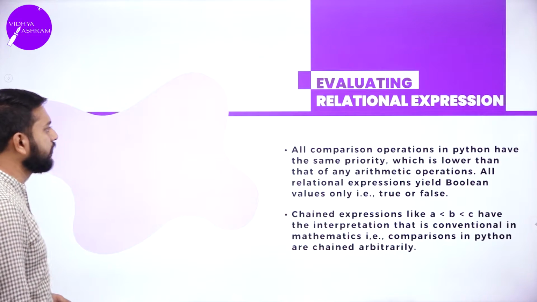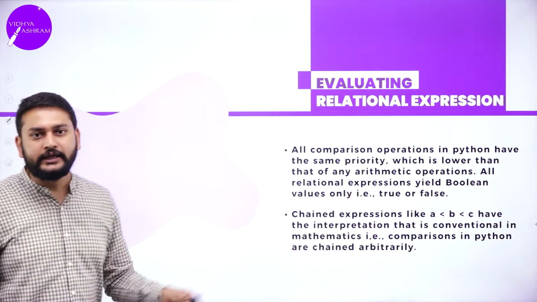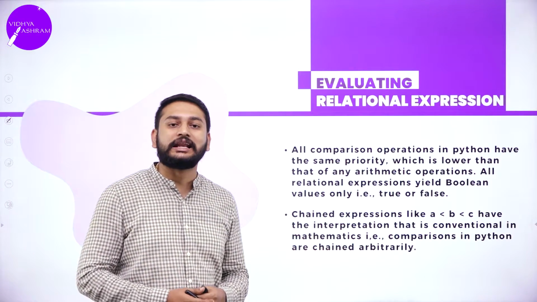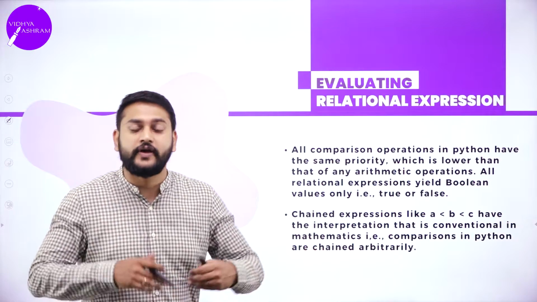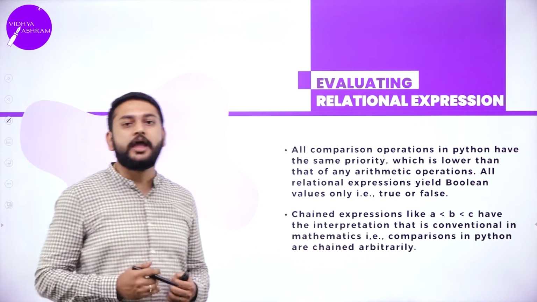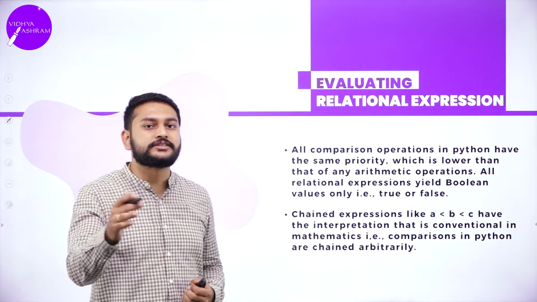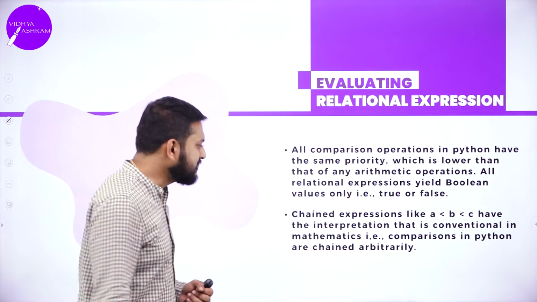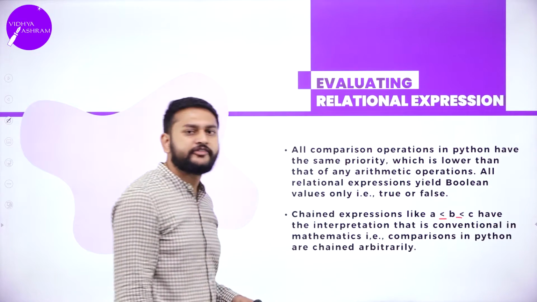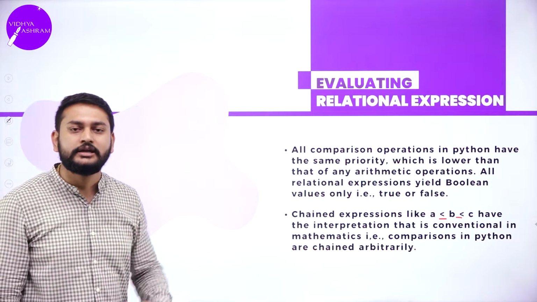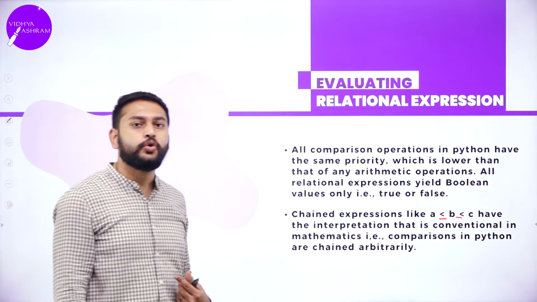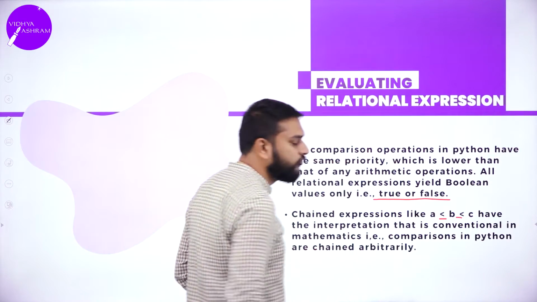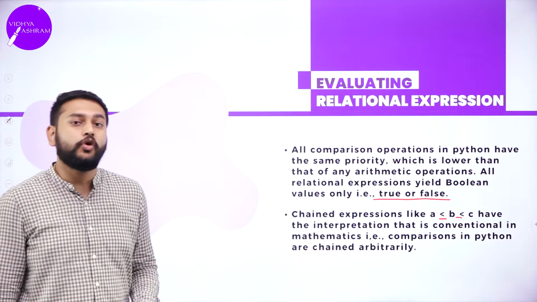Moving on to the next one, evaluation in the relational expression. If I have a relational operator in my expression, I will call that a relational expression. Then how exactly will the evaluation happen? Since all the operators have the same priority, same precedence, evaluation will happen from this side, but the result will be in the form of true or false.